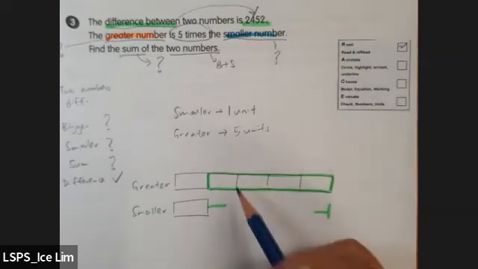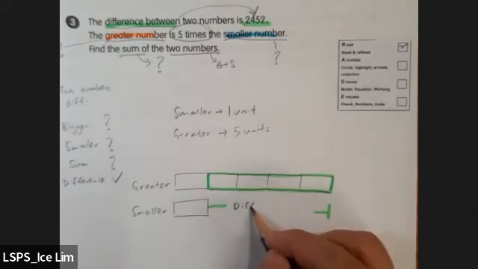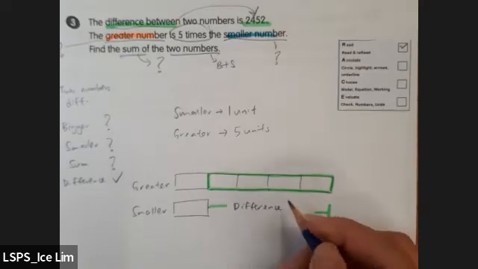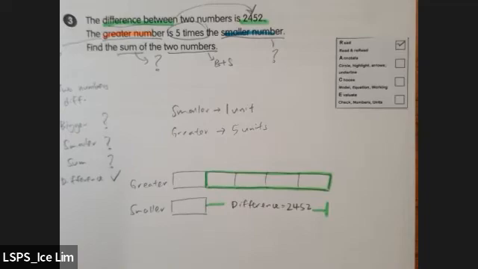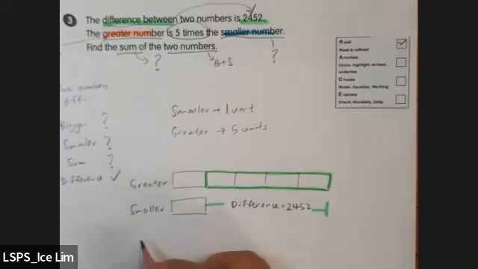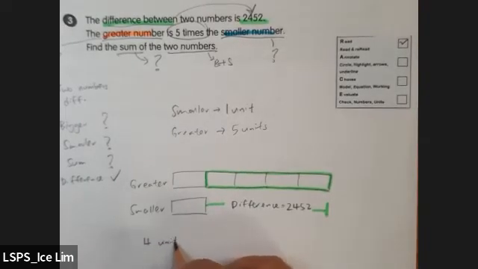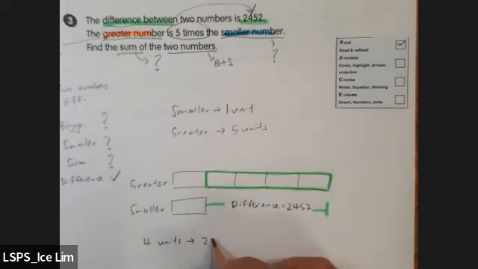And that's the difference between the two numbers. The greater number is bigger than the smaller number by 2,452, which means 4 units, that's the difference, is 2,452.